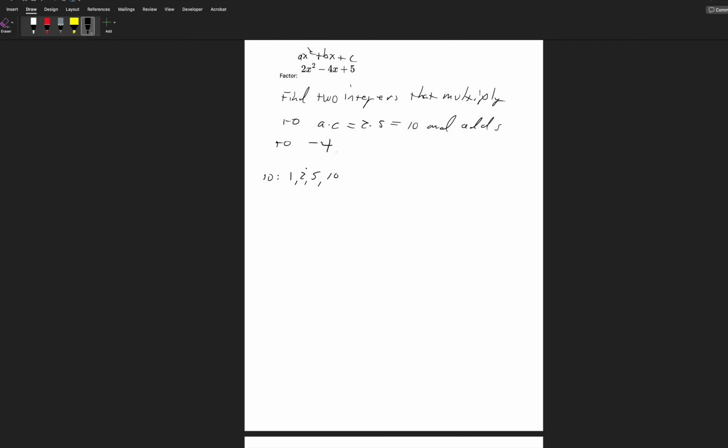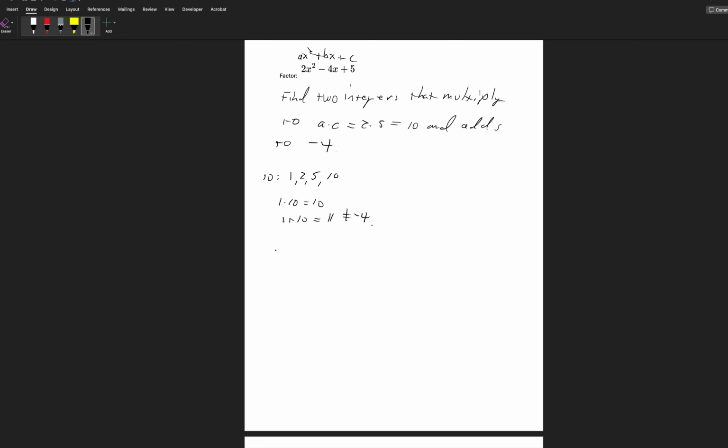Now, no matter what I do, any combination, whether positive or negative, of these numbers, while it multiplies to 10, does not add to -4. For example, if I took 1 and 10, 1 times 10 is 10, but 1 plus 10 is 11, which is not equal to -4, right?